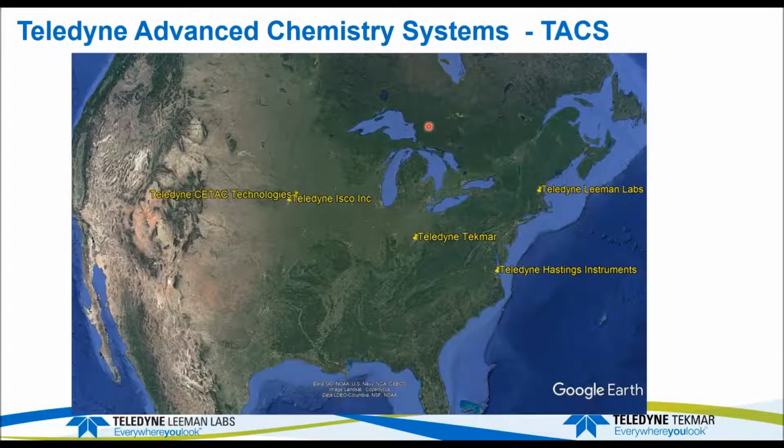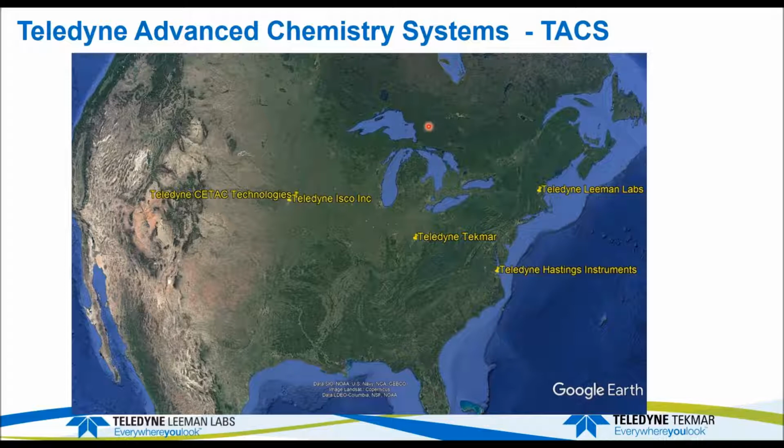Before we get into the subject matter, we are Teledyne Advanced Chemistry Systems, otherwise known as TACS, and we have facilities throughout the U.S. Teledyne Leeman Labs is located in Hudson, New Hampshire. We have a division in Hampton, Virginia, Teledyne Hastings. They manufacture flow meters, controllers, and vacuum type products.